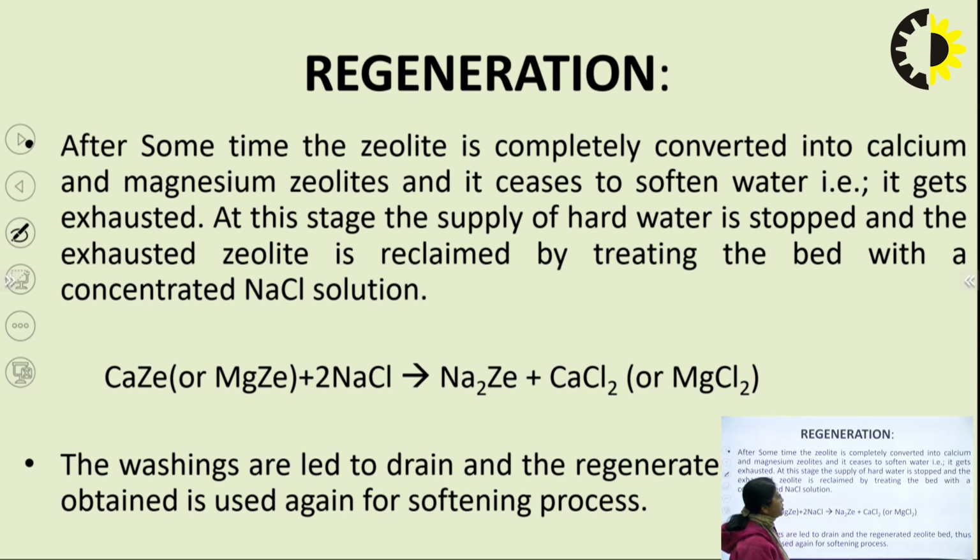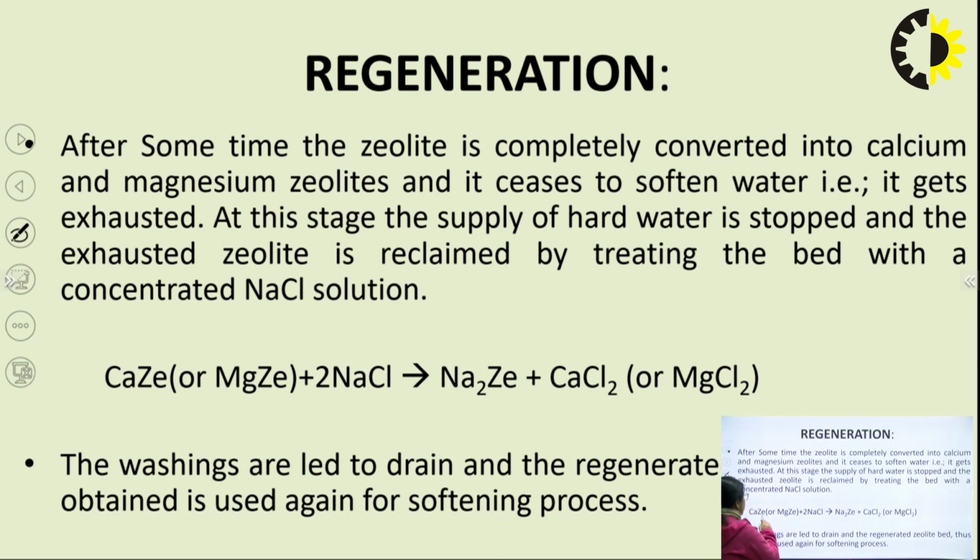So regeneration: after some time, the zeolite is completely converted into calcium and magnesium zeolites, as I've already said, and it ceases to soften water. As a result, it gets exhausted. So at this stage, the hard water supply is stopped, and this exhausted zeolite is reclaimed by treating it with a bed of concentrated NaCl.